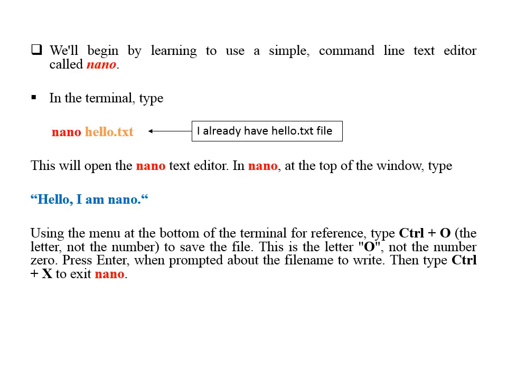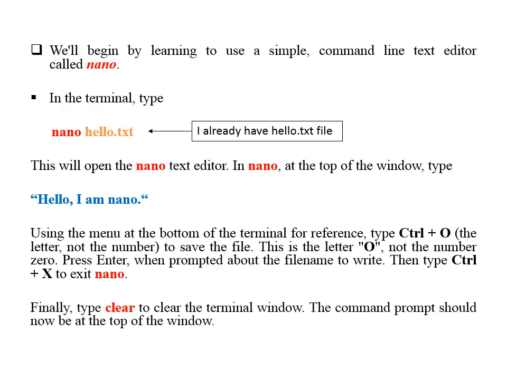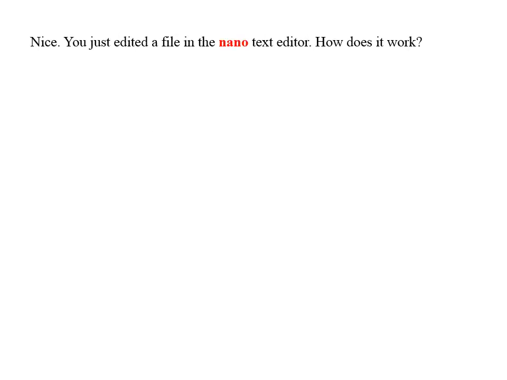Then type Ctrl+X to exit Nano. Finally, type clear to clear the terminal window. The command prompt should now be at the top of the window. Nice! You just edited a file in the Nano text editor.